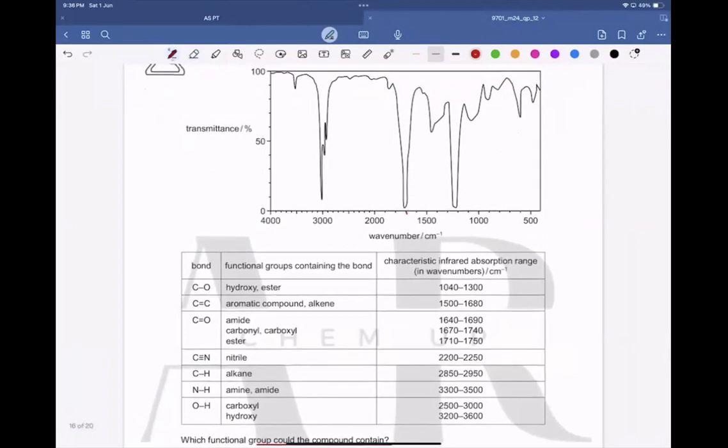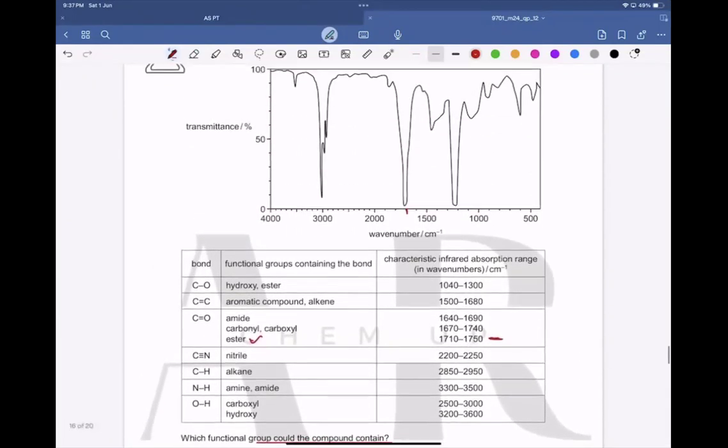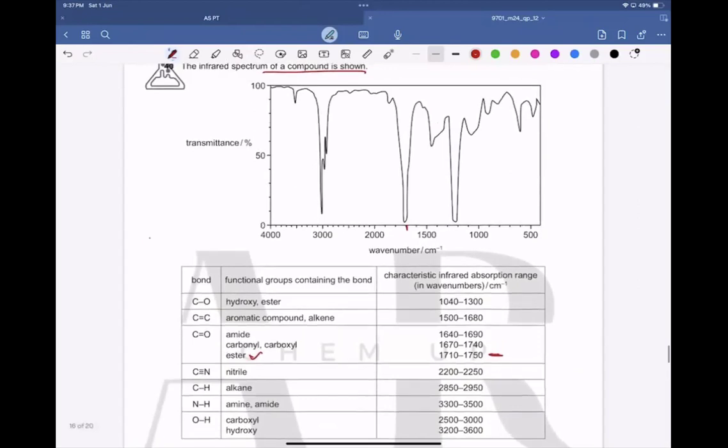So there is around 1700, there is a C double bond O. It's 1710, it seems like this one, right? And if it's an ester, the C double bond O carbon is also bonded to oxygen, and its range is 1040 to 1300, so it is over here.